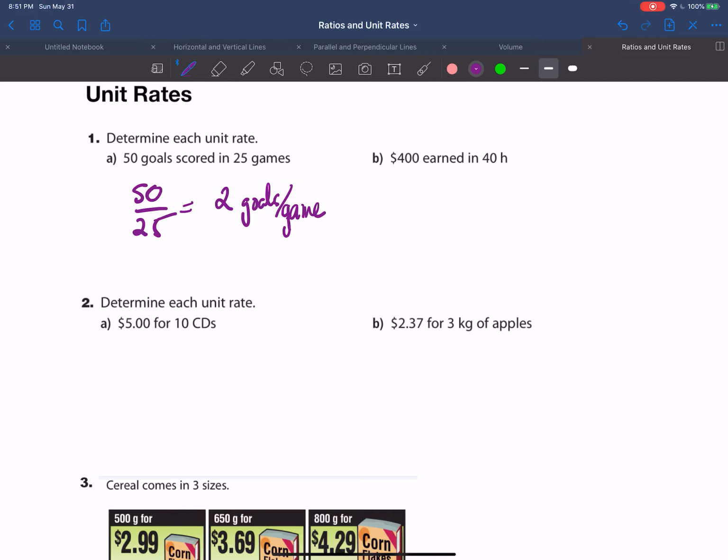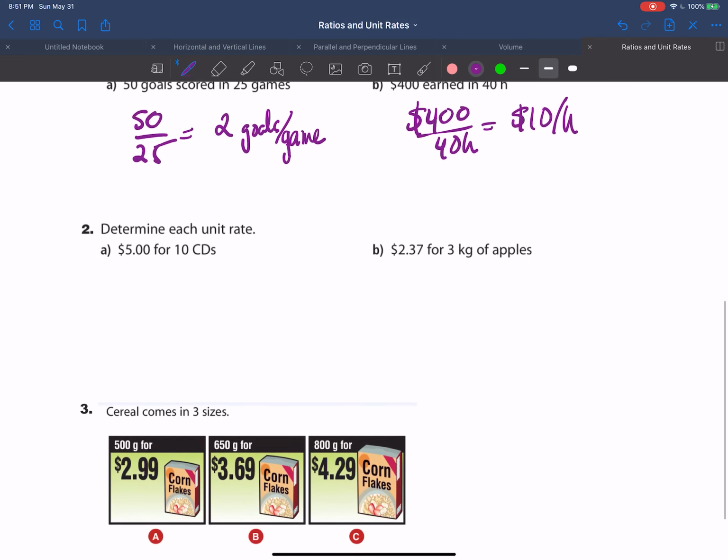$400 earned in 40 hours. Well, let's divide it. 400 divided by 40 hours makes $10 per hour. So just keep the units there. Goals per game, dollars per hour. $5 for 10 CDs, whatever those are, right?